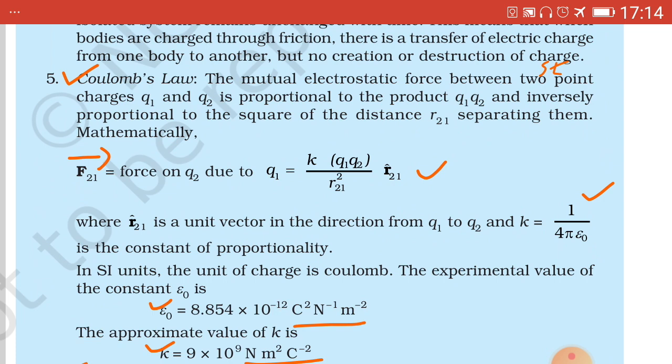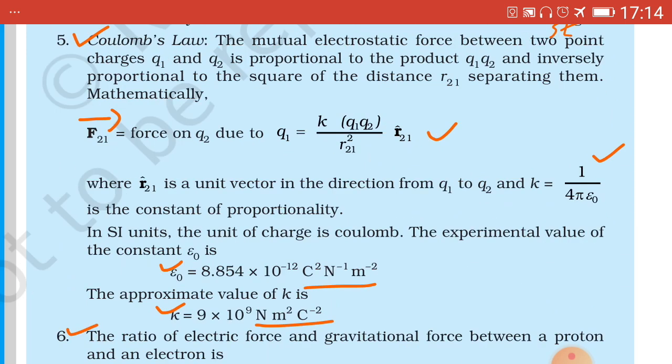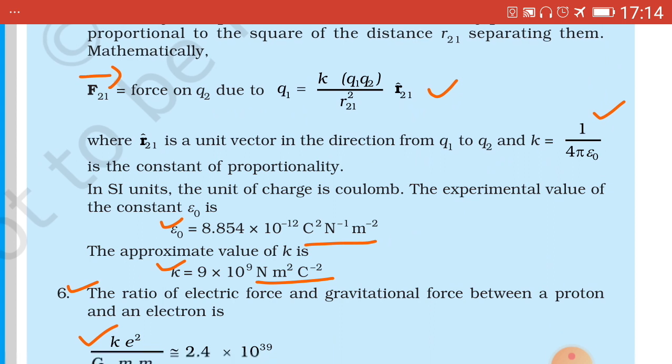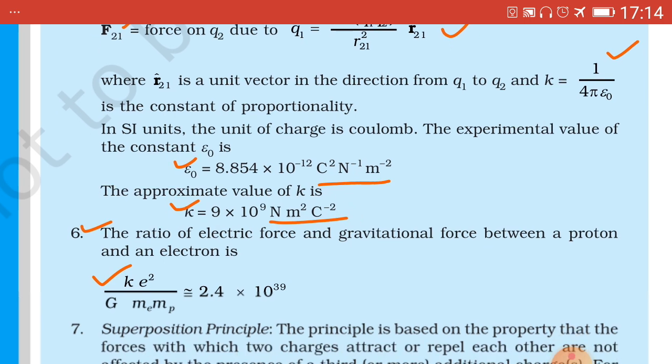Vector F21 is there, then r21 hat, that is the unit vector, same numbers for like charges.